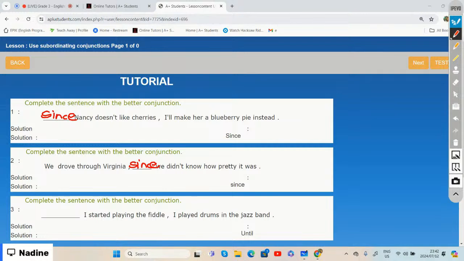All right, and we then say, until I started playing the fiddle, I played drums in the jazz band, right? All right, so now we're going on to our test.